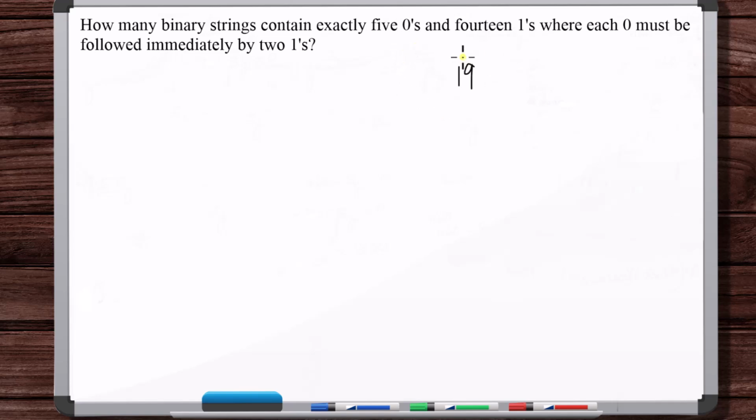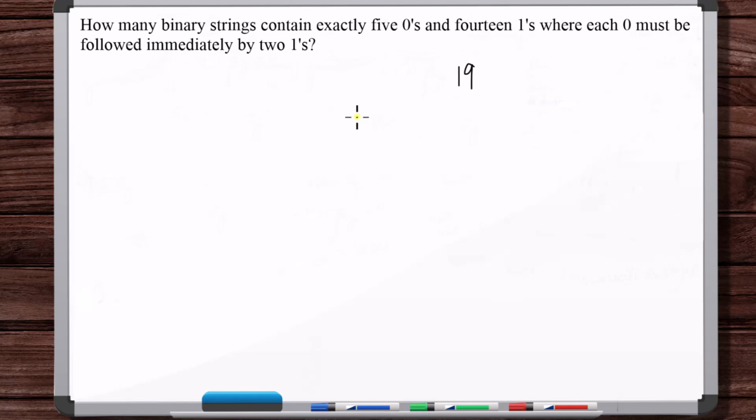But actually, I take it back. The system would be not all 19 character strings, but all 19 character binary strings with 5 zeros and 14 ones. We could start there. So, why not? Let's just go ahead and do that.